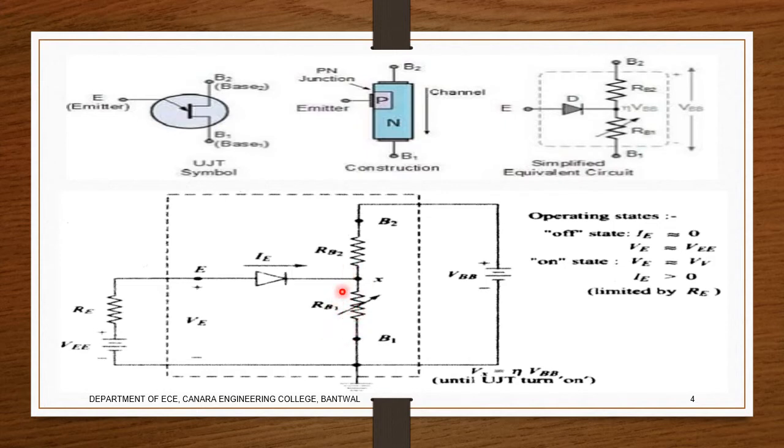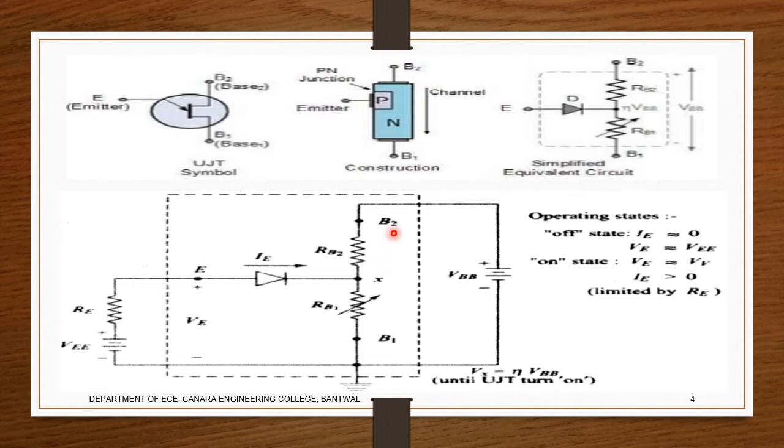RB1 is the resistance across which we are going to find the voltage. Now, what is the I here? The VBB has been given, so I am considering only this path and analyzing only this one. The current flowing through here is VBB divided by RB1 plus RB2.